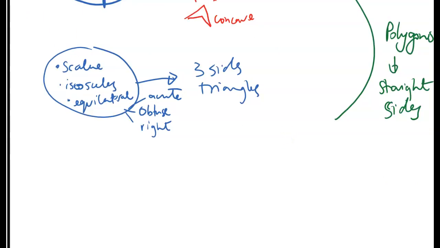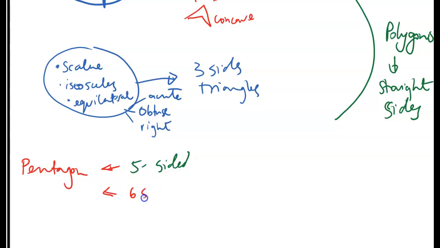And then what else? So you've got triangles, quadrilaterals. After 4-sided, we've got 5-sided. What are they called? Starts with P. Famous building in America. Pentagon.